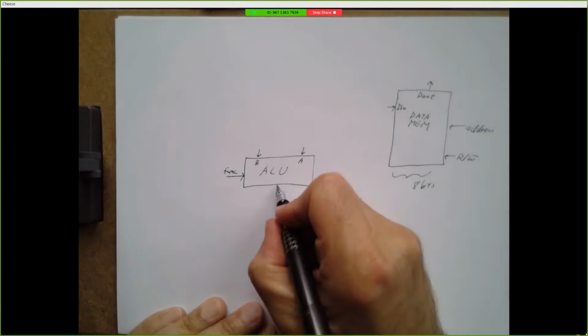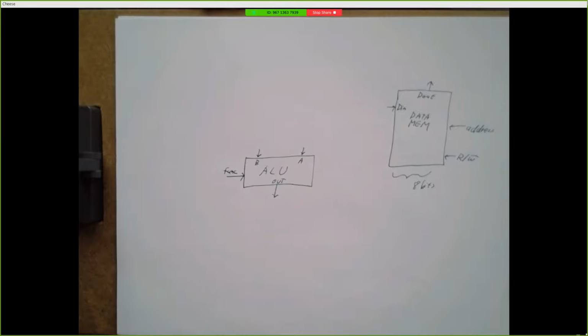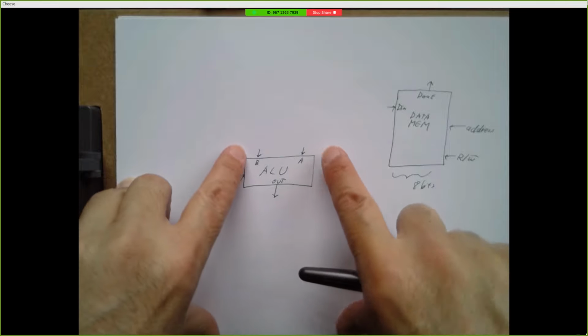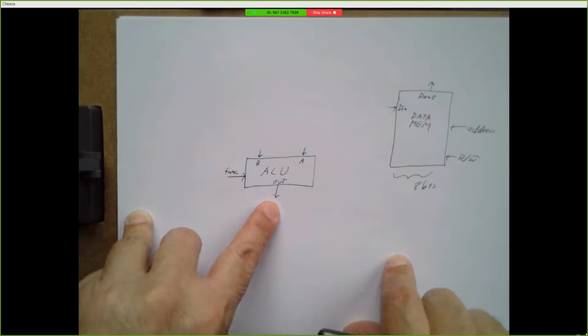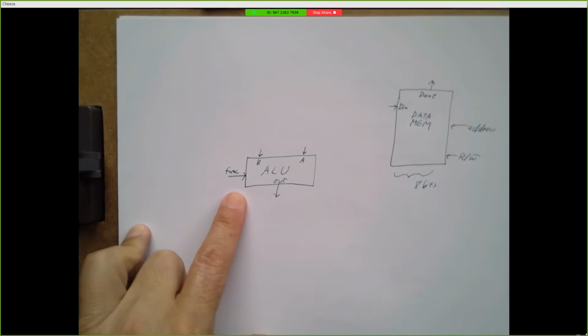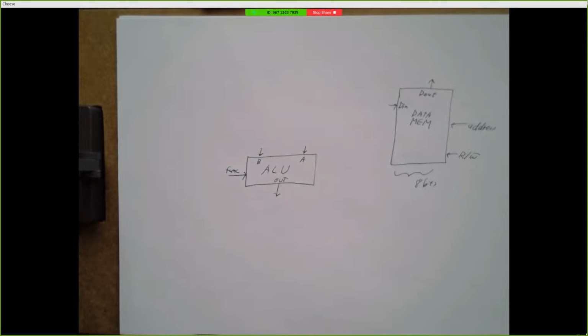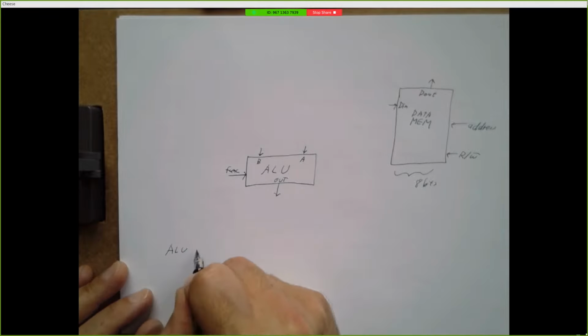And then it has an output, which we'll just call out. And these are multiple bits, so our ALU is going to be 8 bits. So we've got 8 bits going into A, 8 bits into B, and 8 bits coming out. And our function says, how do we want to produce an output from our inputs? And so we might do something like this.